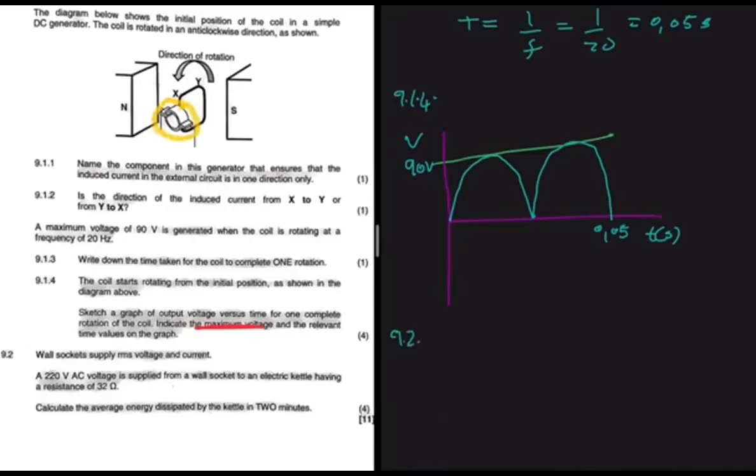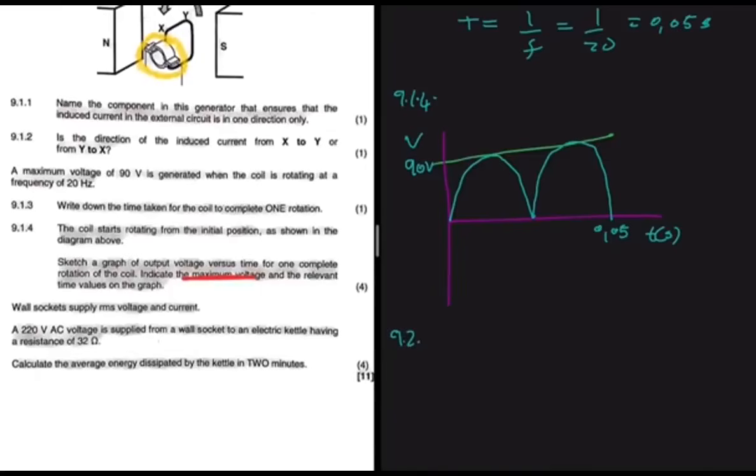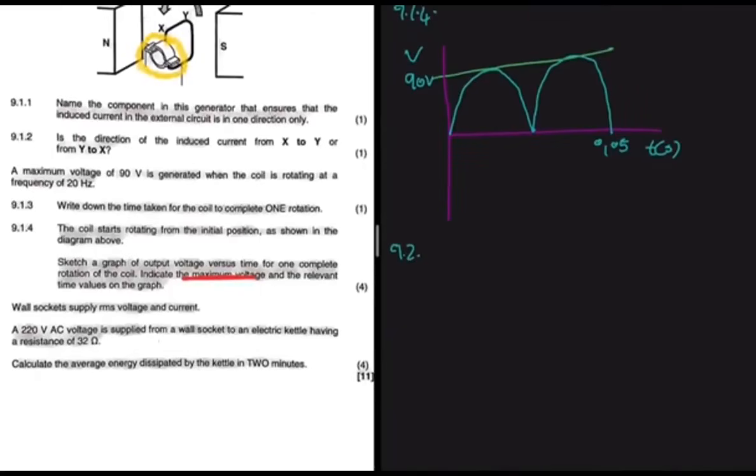Now 9.2, the last question. The wall sockets supply RMS voltage and current. 220 volts AC voltage is applied from a wall socket to an electric kettle having a resistance of 32 ohms. Let's calculate the average energy dissipated by the kettle in 2 minutes. Power equals work divided by time.